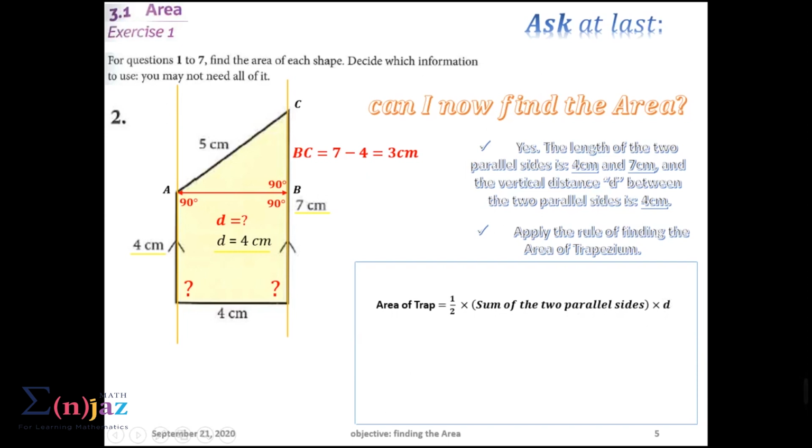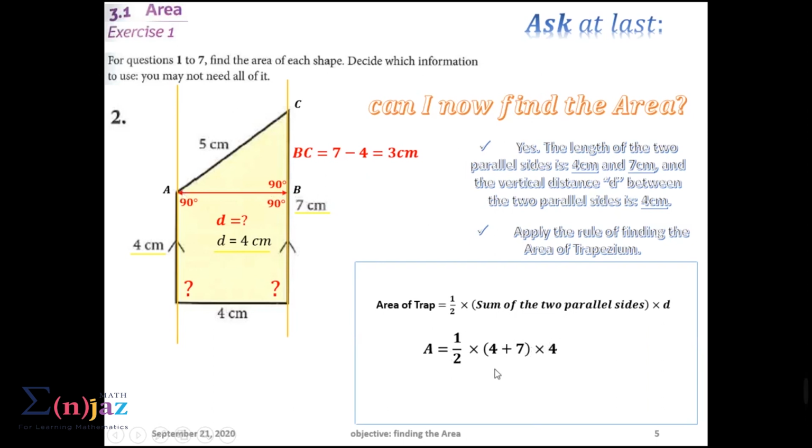Let's now substitute in this rule. 1 over 2 times, inside the bracket, the two parallel sides are 4 and 7. So 4 plus 7, the addition of the two parallel sides, times the distance between the two parallel sides, which is 4, so times 4.